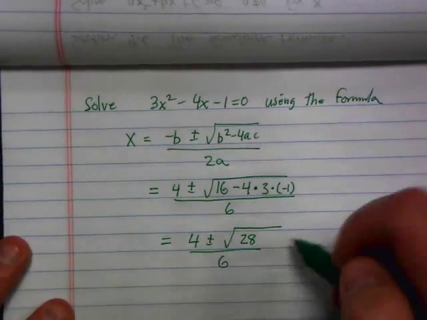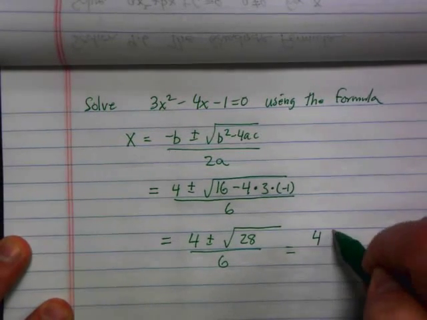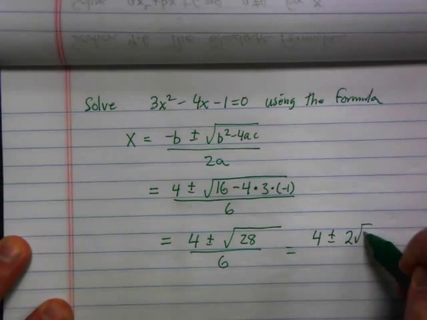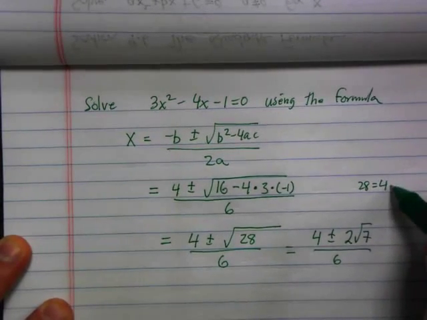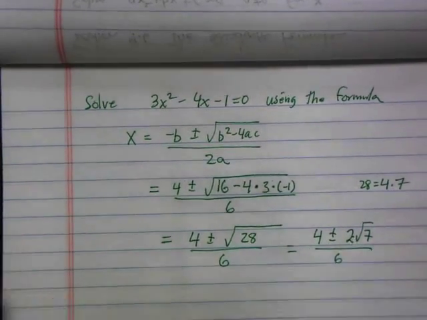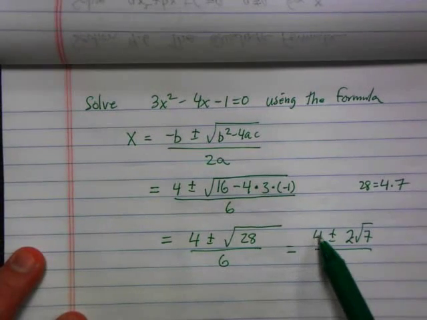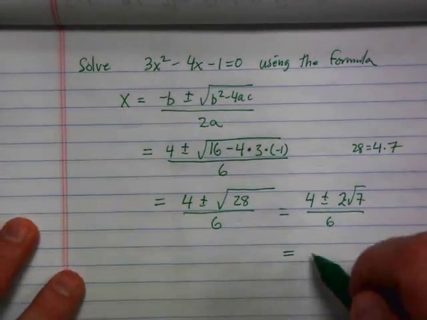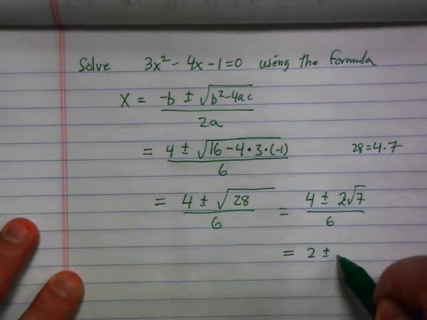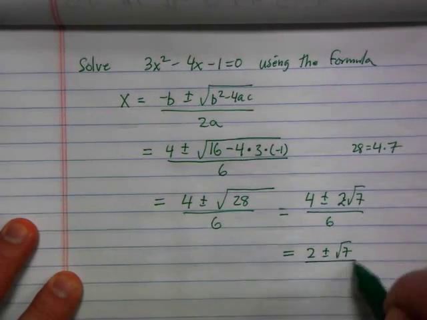So this is going to be 4 plus or minus 2 square roots of 7 over 6, because 28 is 4 times 7. The square root of 4 is a nice number. And then everything is even. We got a 4 there, a 2 there, a 6 there. We divide everything by 2. So if you're doing your work on MyLab, you're going to be required to write it as 2 plus or minus square root of 7 all over 3.